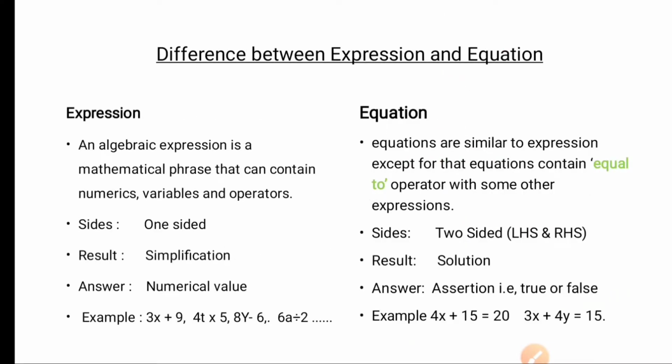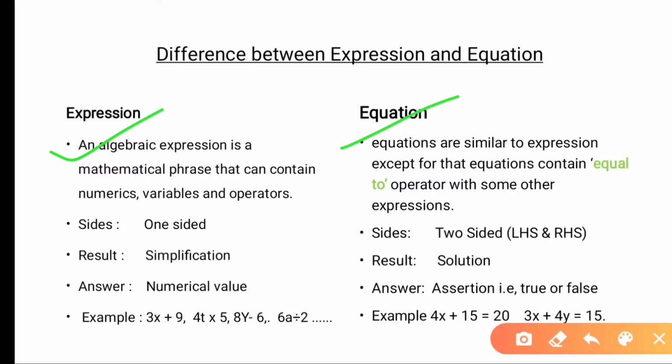Now next is the difference between expression and equations. There are two terms, one is expression and another one is equation. An algebraic expression is a mathematical phrase that contains numerics, variables and operators. Means if I write just numeric values, some variables and operators, they are called an expression.